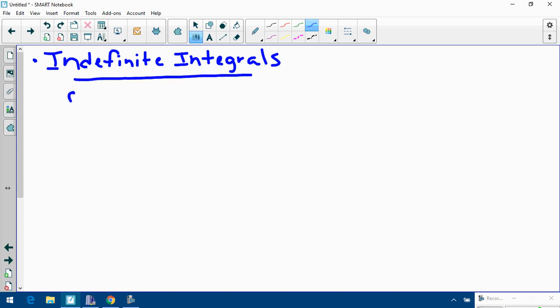So let's say I had the integral of 1/u du. We'd be thinking, what do I know that if I take the derivative, I get 1/u? You should all be saying ln u. But since it's indefinite, plus C.